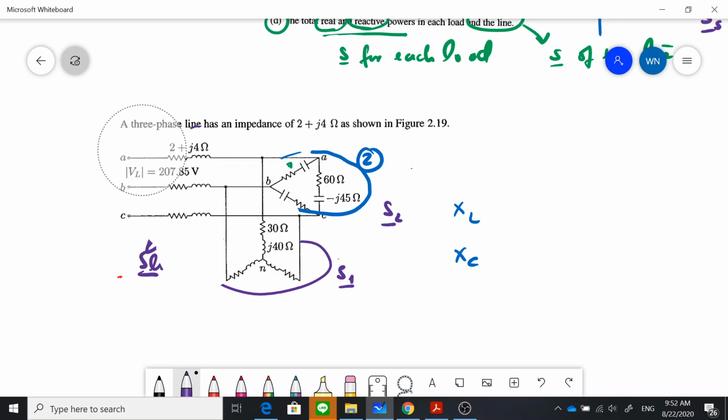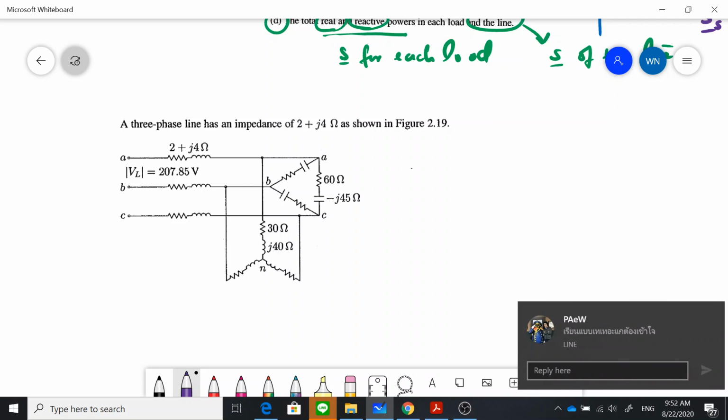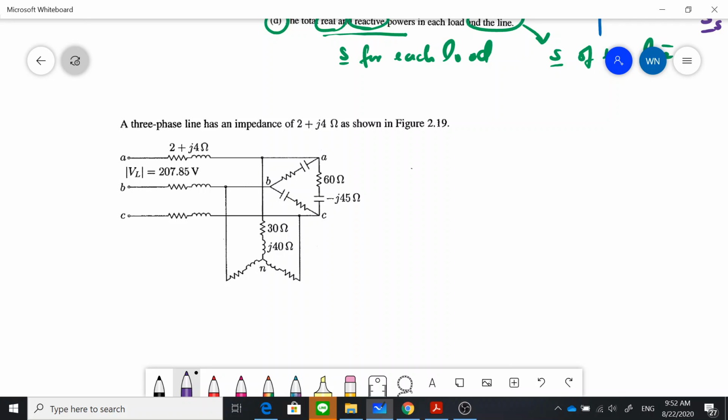Now you see this is the diagram again, and then you can write the per phase. Remember that for the per-phase representation, you need to have all the loads connected in Y connection. If it is a balanced three-phase system, then there is no neutral current.